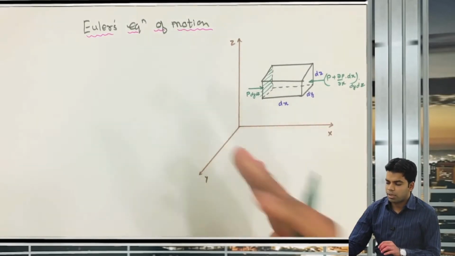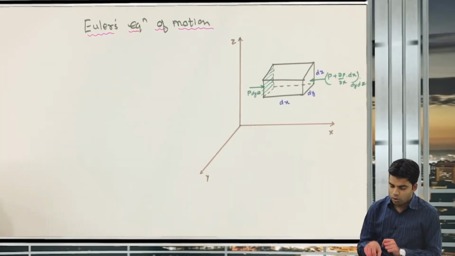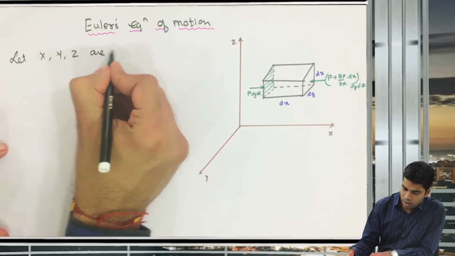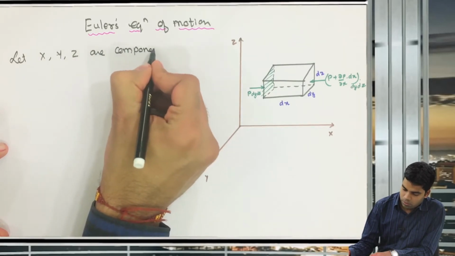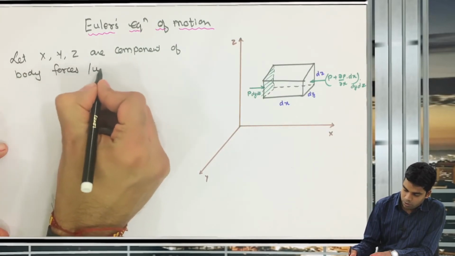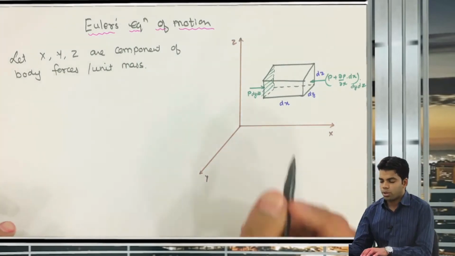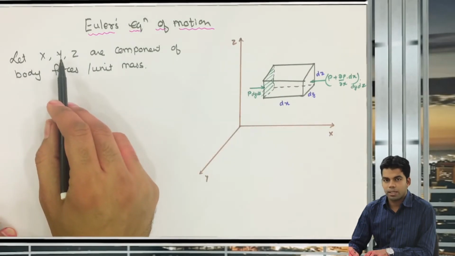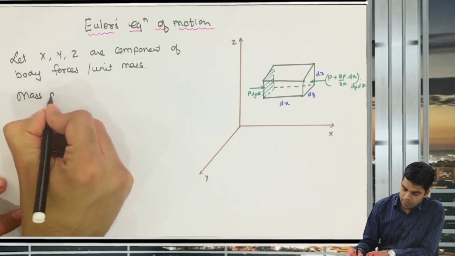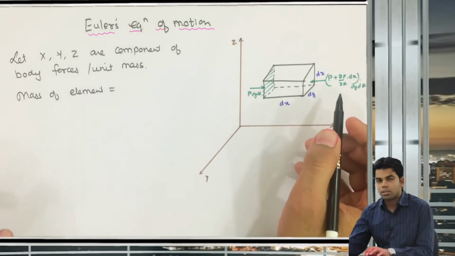So these are the forces acting. Similarly you can do it in the y and z directions as well, but we will just consider the x direction now. Let's suppose capital X, capital Y and capital Z are the components of body forces per unit mass, in the x, y and z directions respectively. Now the total mass of the element is volume into density.